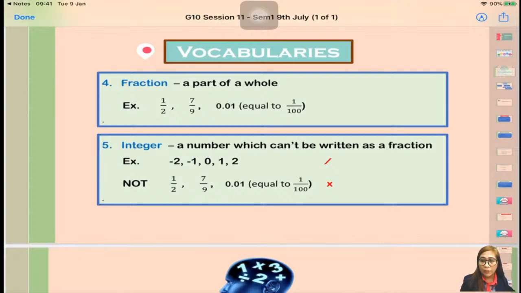For example, -2, -1, 0, 1, and 2. You cannot have 1/2 or 7 over 9 as integers. So integers are -1, -2, -3, 0, 1, 2, 3, and 4.